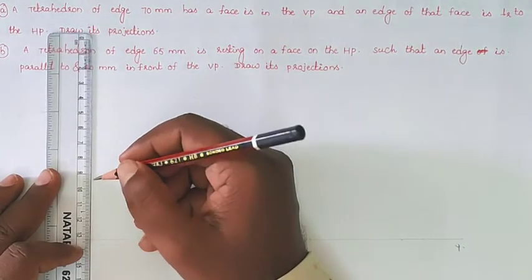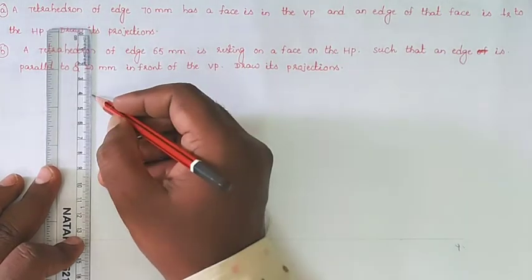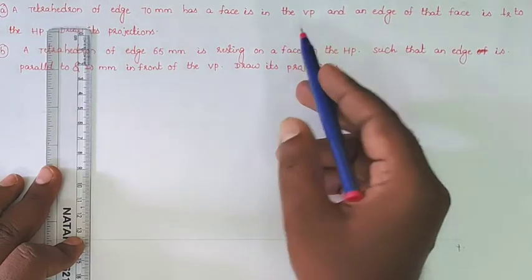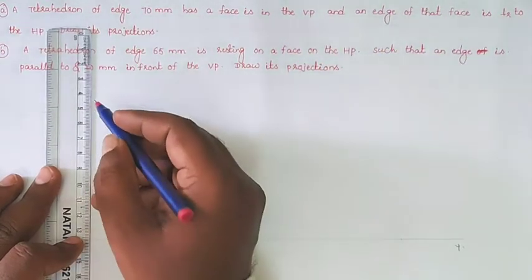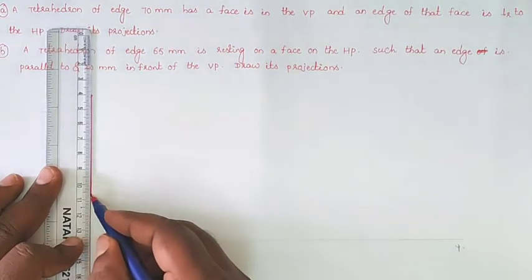The edge is 70, so with 70 mm we will draw the edge as the front view, because the face is in the VP. We can assume the axis is perpendicular to the VP. Draw the edge with 70.